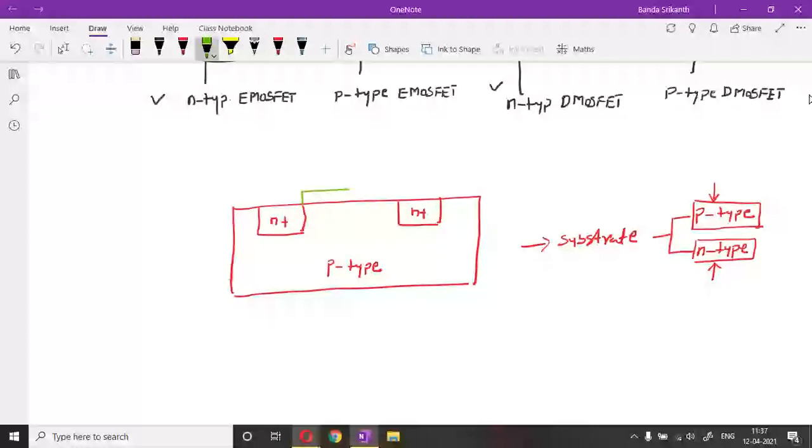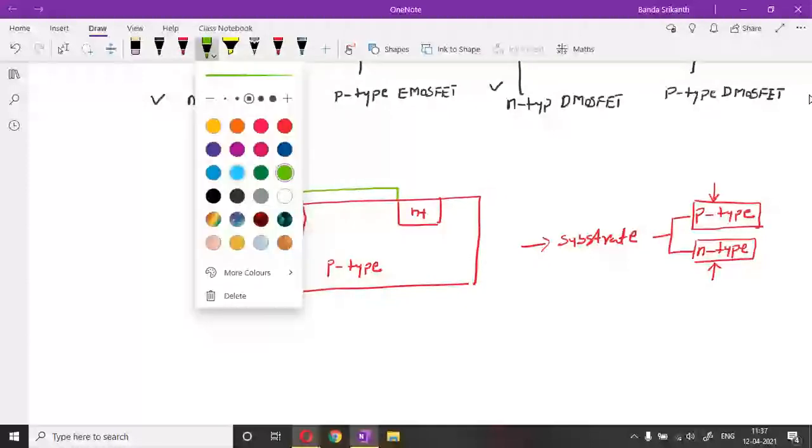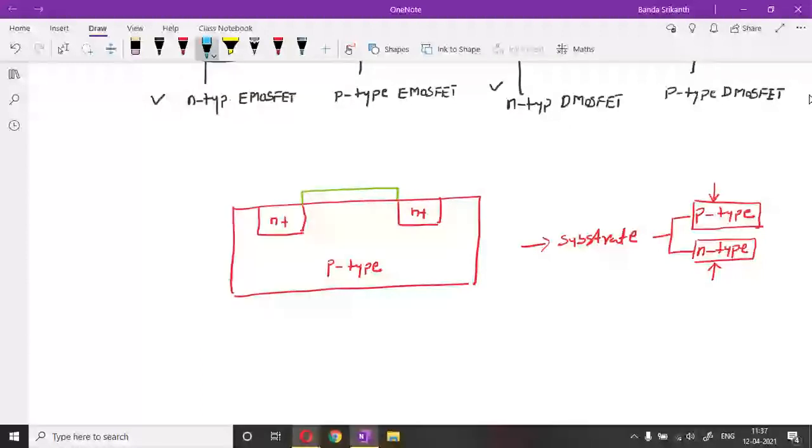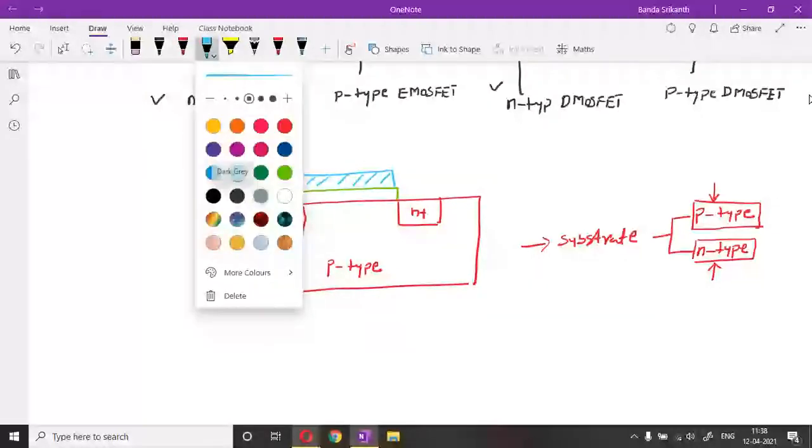Then there is an insulator, and another thing, this one. Then next, on top of this is the gate, and there is a contact.